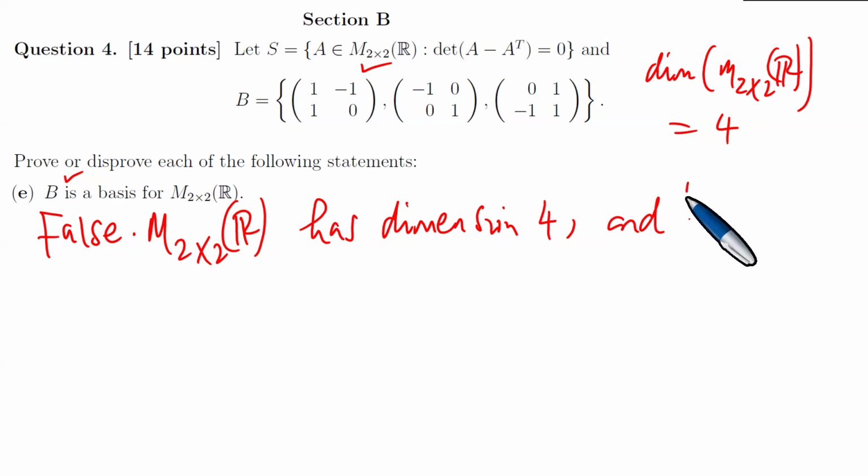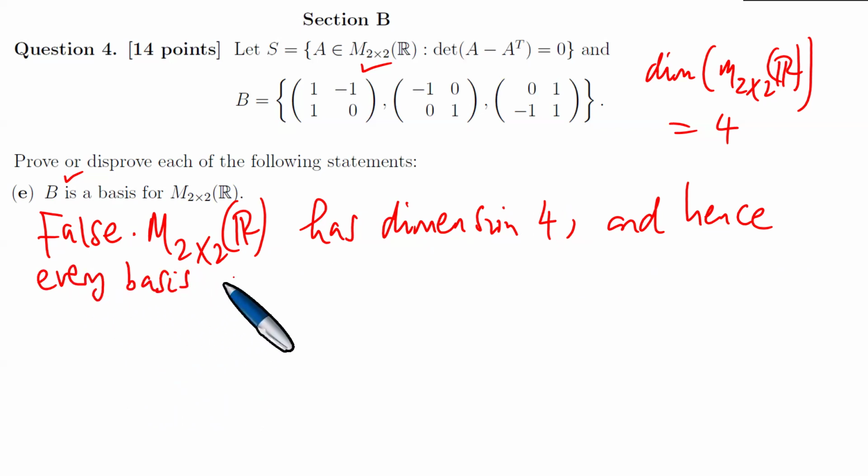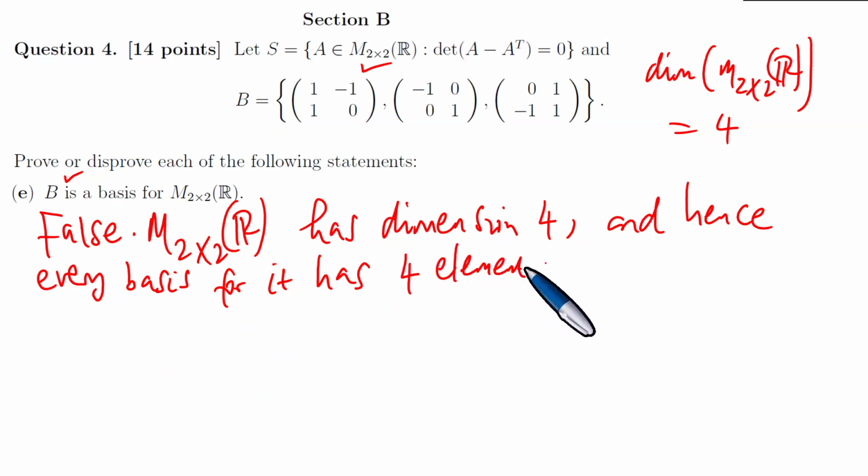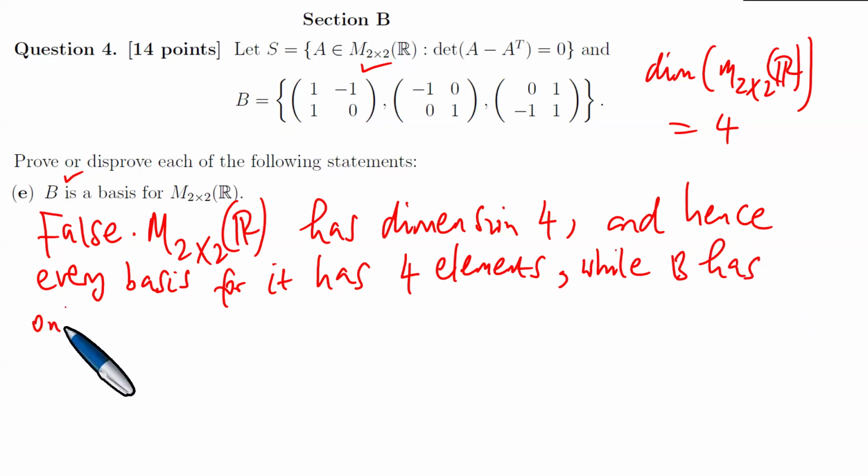And hence every basis for it has 4 elements, while B has only how many? How many elements does B have? There's only 3. I was just waiting for that.